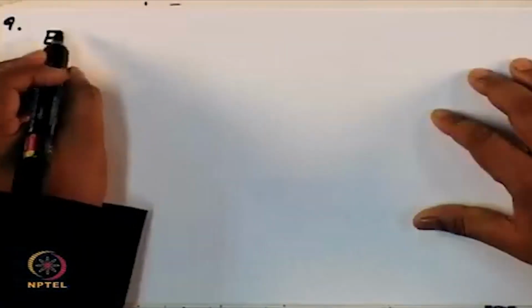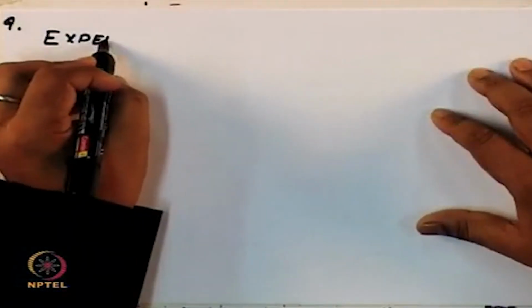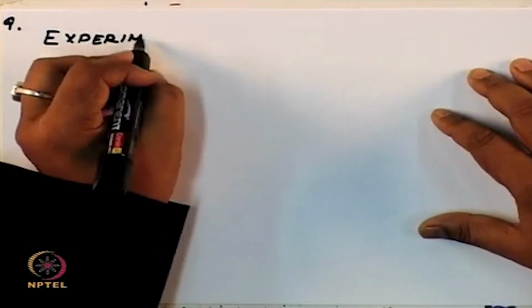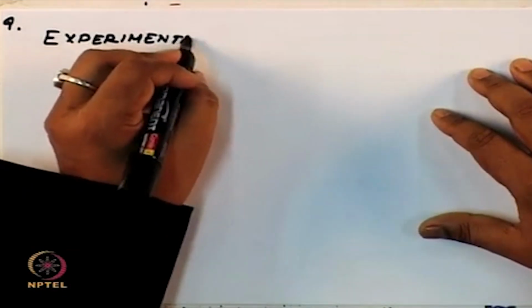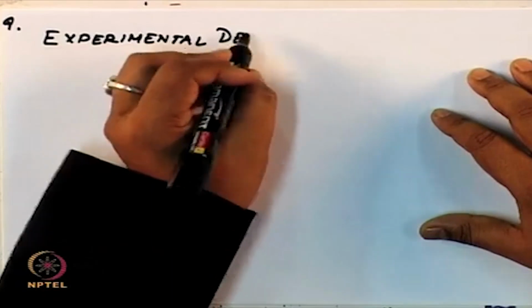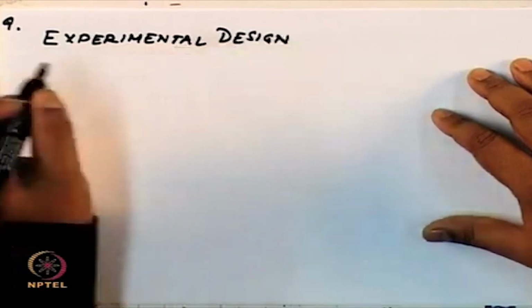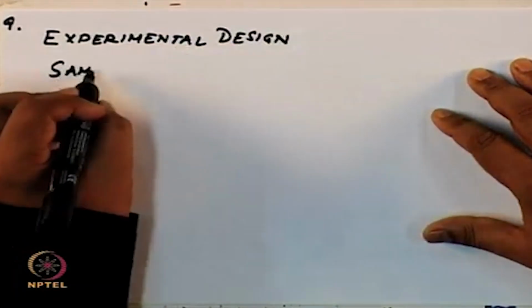As a consequence, when you want to compile the statistics, you have what is called an experimental plan, or experimental design, or it is also called the sampling plan.